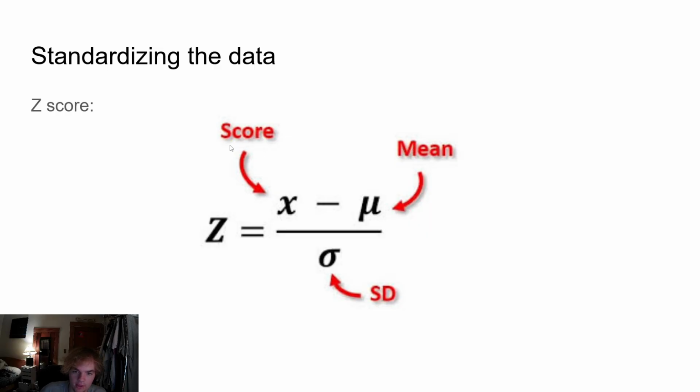So you find the mean of all the data, and then you do your individual point minus the mean over the standard deviation. And it's important to note that when we're doing the standardization of the training data, we use the mean and standard deviation of the training data. When we do the z-scoring of the testing data, we also use the mean and standard deviation of the training data.